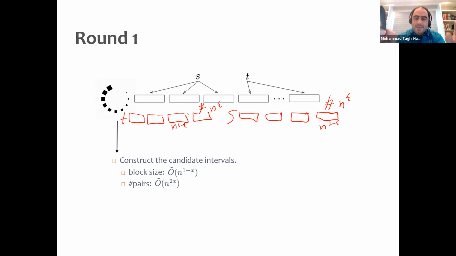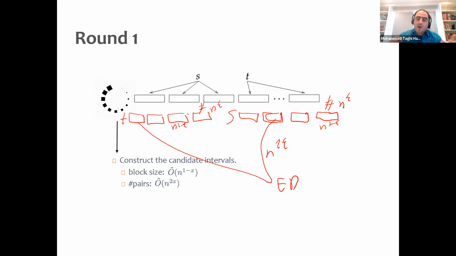Now, the general idea is that we will divide this S and T into N to the epsilon parts. Then we have machines. How many machines? We have N to the 2 epsilon machines. What do they do? Each of them considers one part from S and one part from T. And for each of these, essentially a smaller text, they are computing the edit distance.